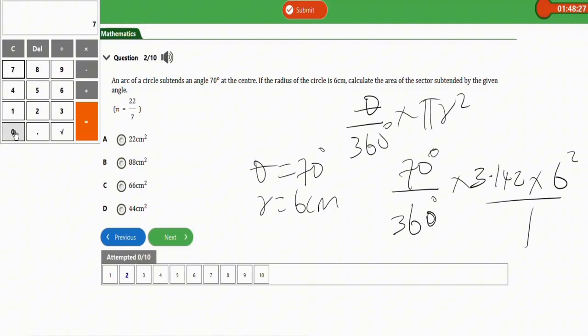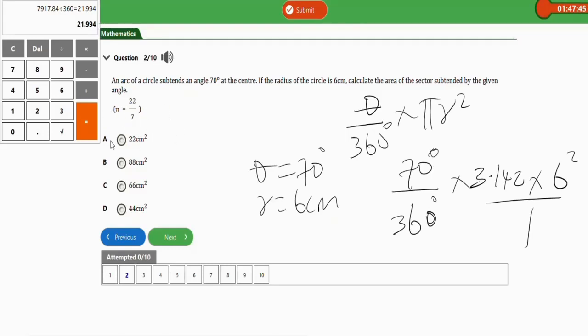We have 70 times 3.142 times 6 times 6. So we have it to be this output. Let's divide this by 360 degrees. So we have 21.994. If you are approximating to the nearest whole number, we're going to have 22 cm square.